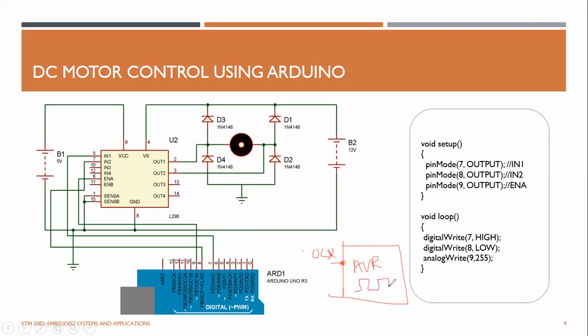There are two modes, fast PWM and phase correct PWM, which have dedicated pins. You have to connect that OCx pin to this enable, and write code to generate this duty cycle and the frequency of operation by referring to the datasheet of the AVR microcontroller in Atmel Studio.